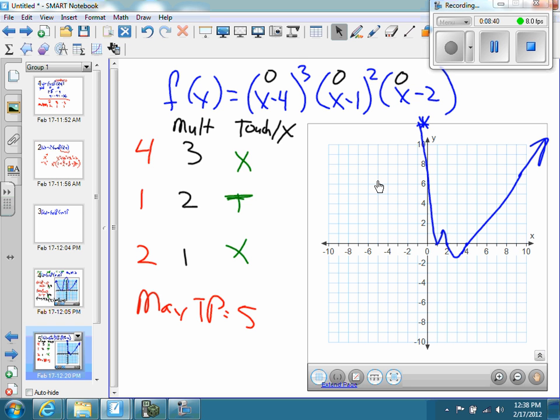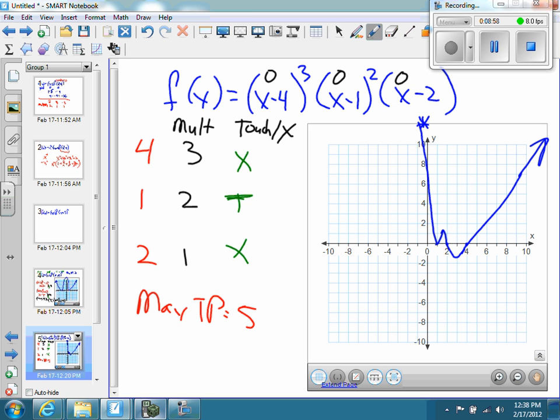Well, let's find out. Actually, let's do this. Where is this graph above the x-axis? Give me the interval notation.